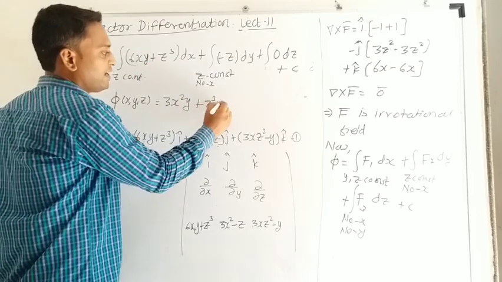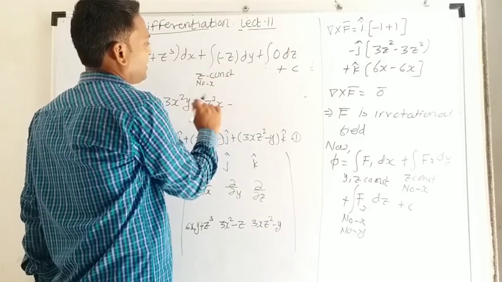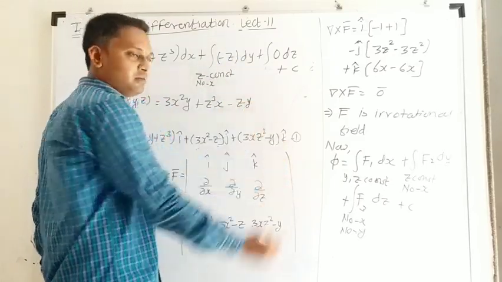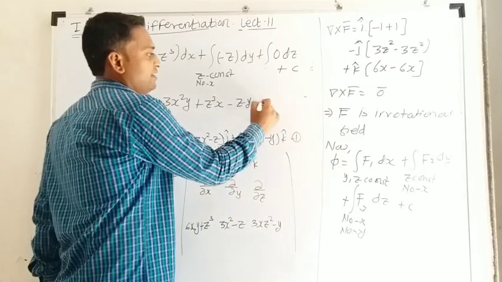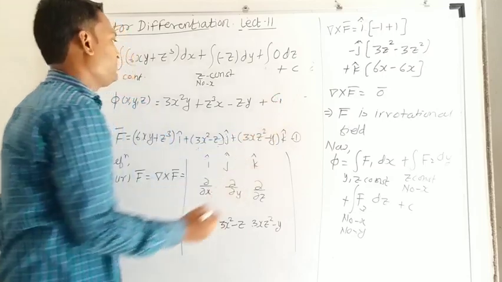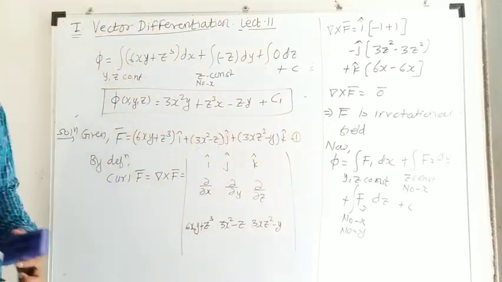Integration of 1 will be x, so it will be z cube x. Minus, z is a constant, z as it is, integration of 1 with respect to y will be y. And finally the integration of the third term is a constant, some c1. So this is the value of phi of x, y, z, which is the required scalar potential.